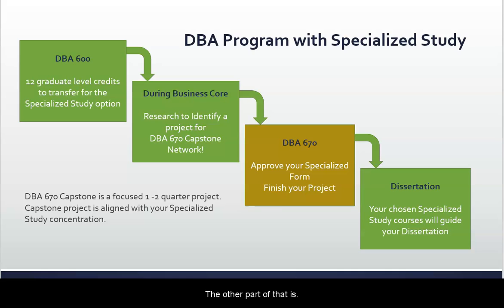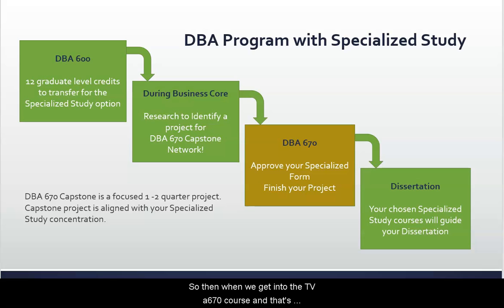The other part of that is you're going to want to network during your business core courses, and there will be opportunities for you to network in the courses with different businesses in your community, and you might identify the leaders within the community, so that you can talk with them about maybe doing some kind of a consulting type of project with them.